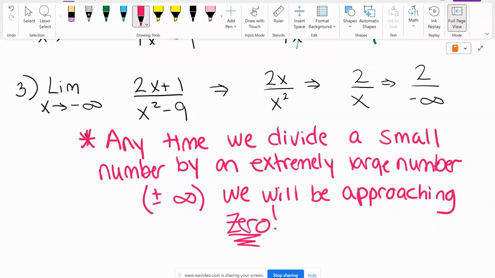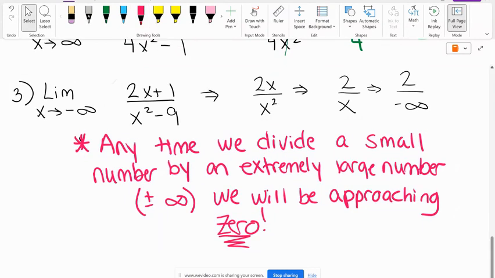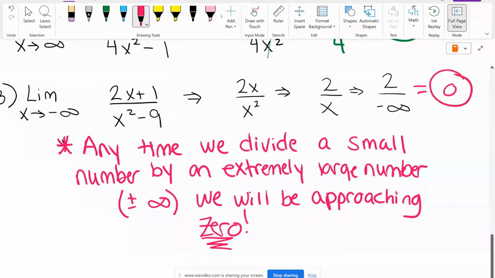So anytime we divide a small number by one of the infinities, it will always be approaching 0.